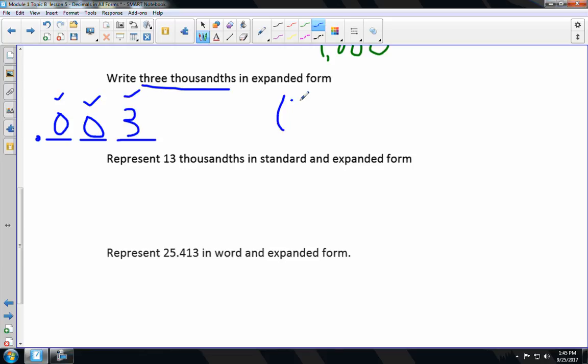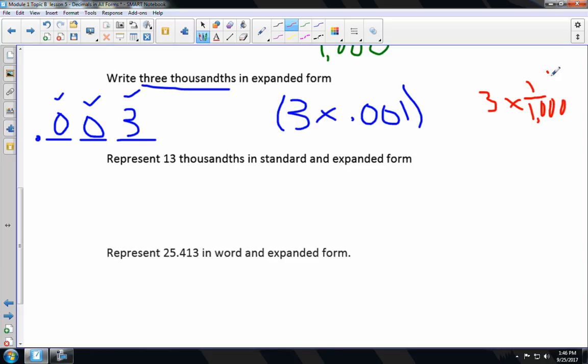So I'm going to take my 3 and multiply it times, that's the thousandths place. So I can either do it this way, this is 1000ths, or I can also do 3 times 1 over 1000ths. Both of those would be correct.